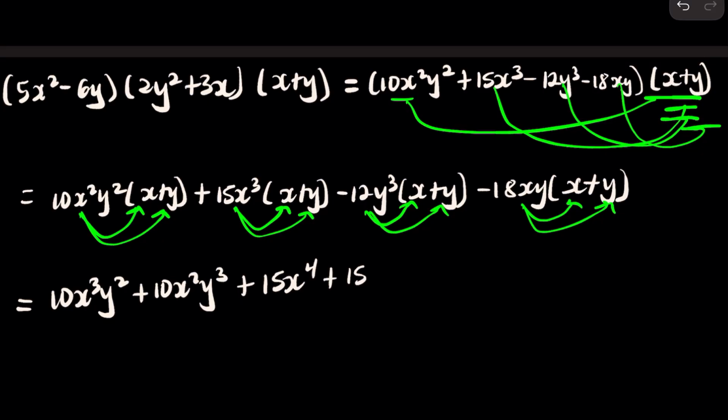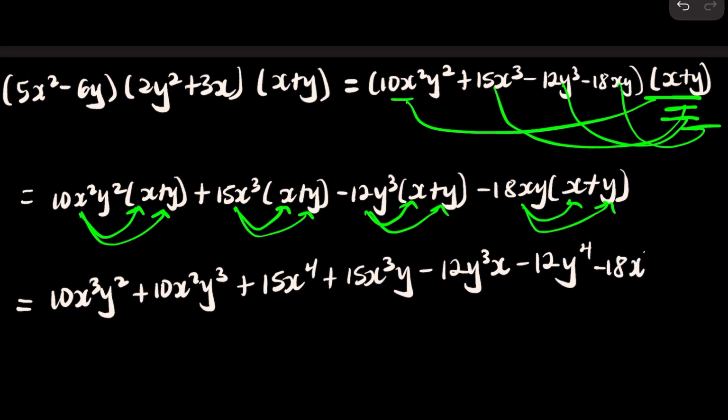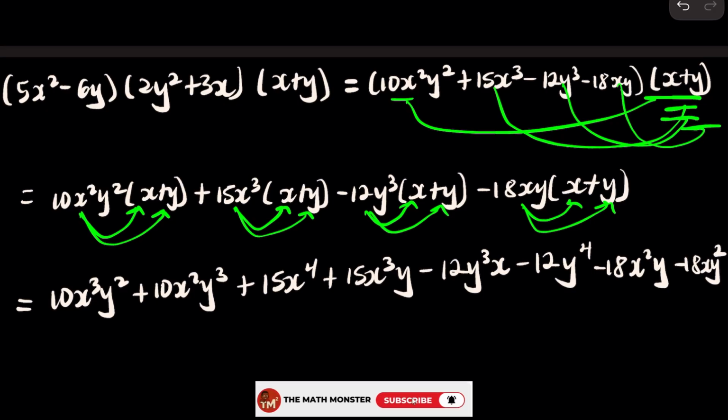Also we have 15x cubed y, then we have minus 12y cubed x, then minus 12y exponent 4, and we are going to have minus 18x squared y, and then minus 18xy squared.